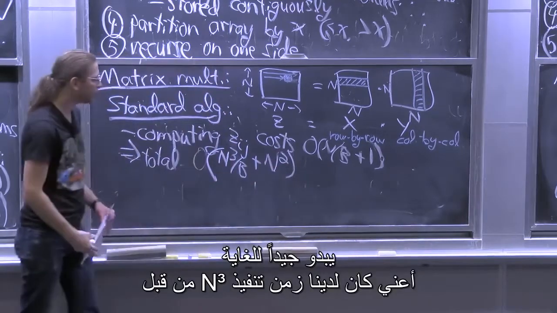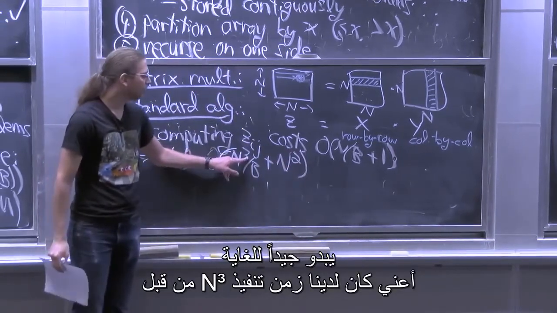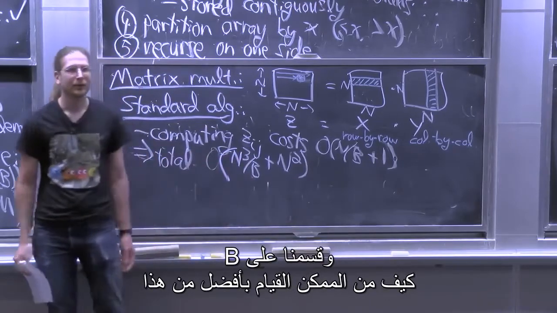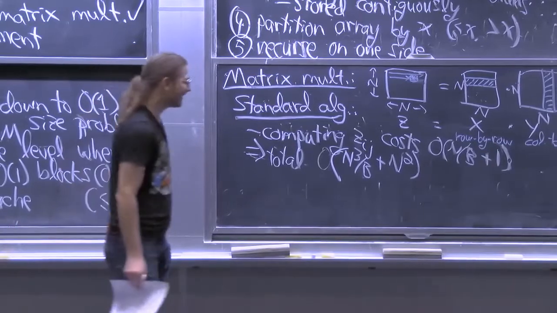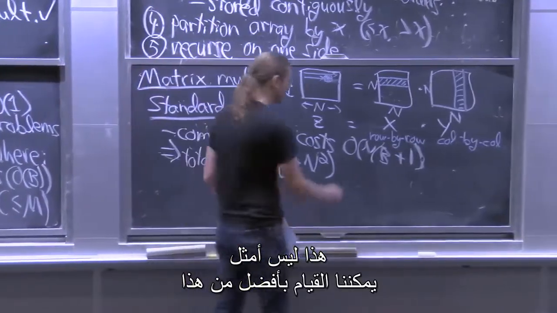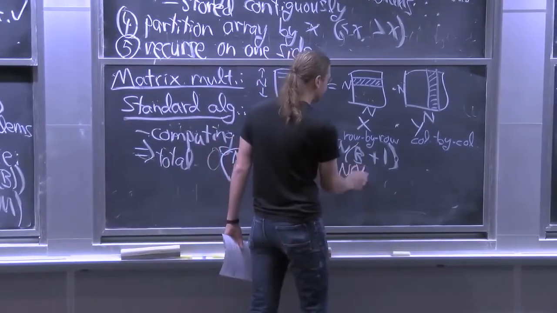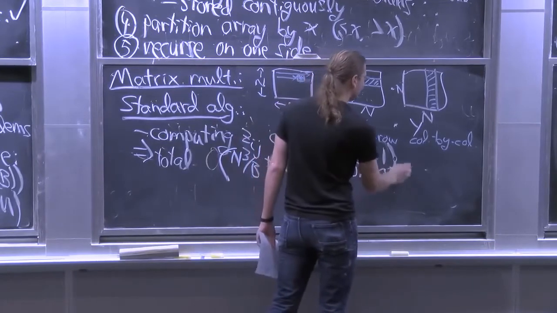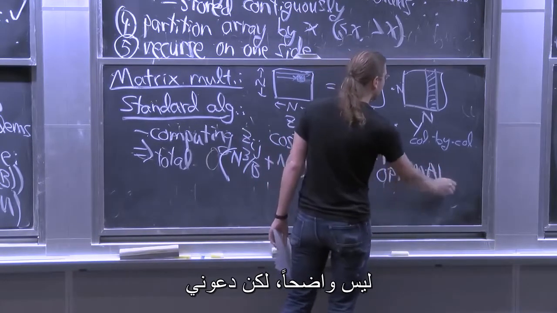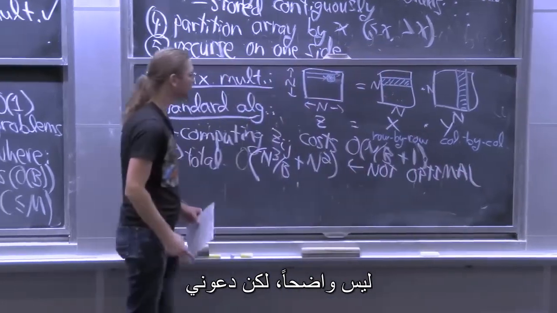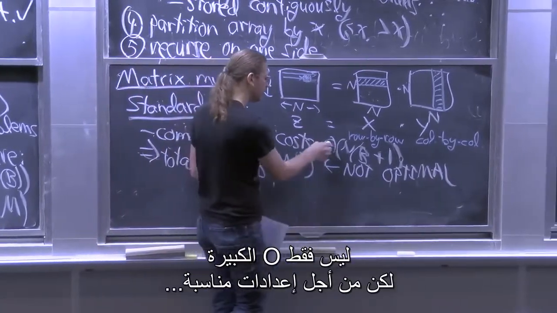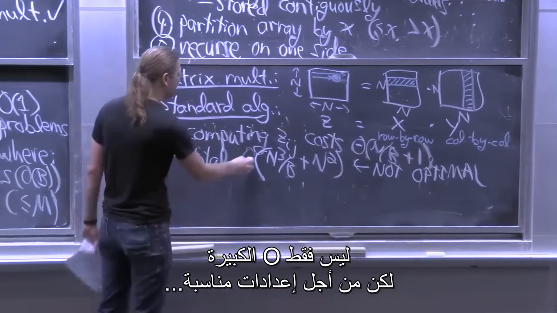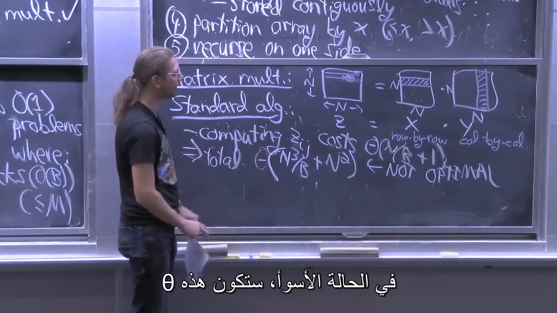Seems pretty good. I mean, we had a running time of n cubed before, and we divided by b. How could you possibly do better? Well, by being smarter. This is not optimal. You can do better. It's not obvious, but let me just spend a little more time convincing you this is the right answer. Not only is this big O, but for appropriate settings, in the worst case, this is going to be theta.